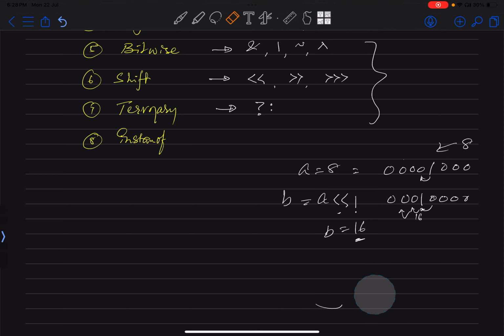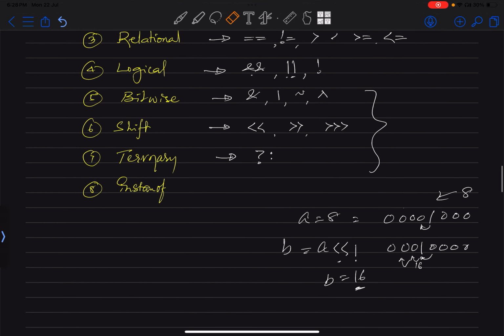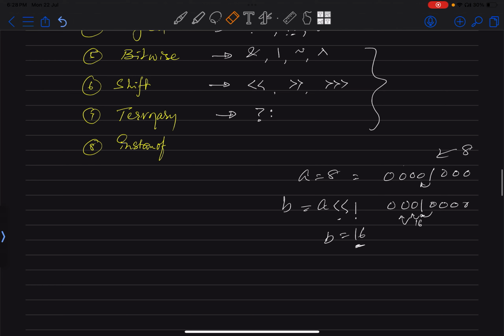Whenever your requirement is to perform multiplication or division by 2, you can use this. Similarly, let me perform a right shift.